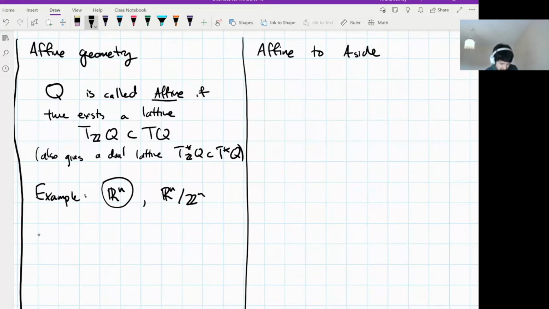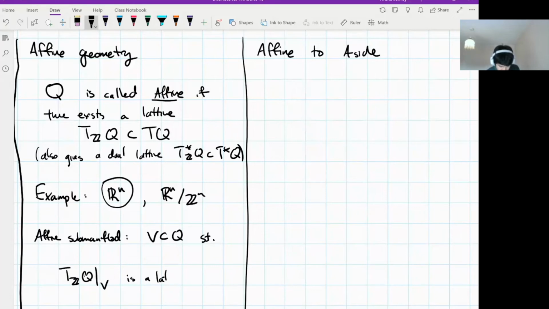Right, okay. And they come with a natural type of subbundle or submanifold. So an affine submanifold will be something like V inside of Q, such that when I take T_Z Q and I restrict it to V, I get a lattice in TV.